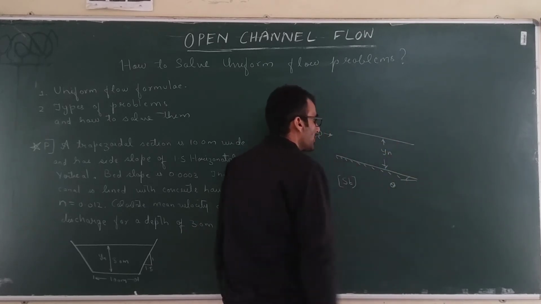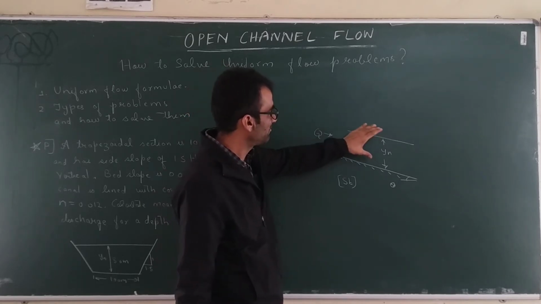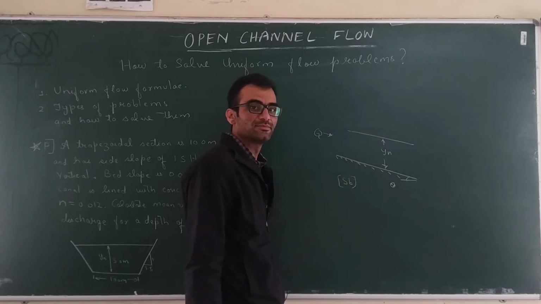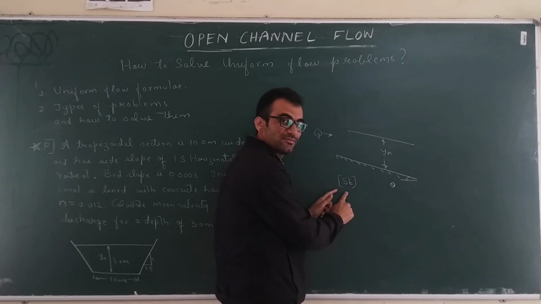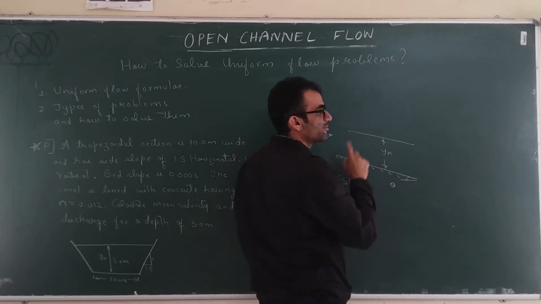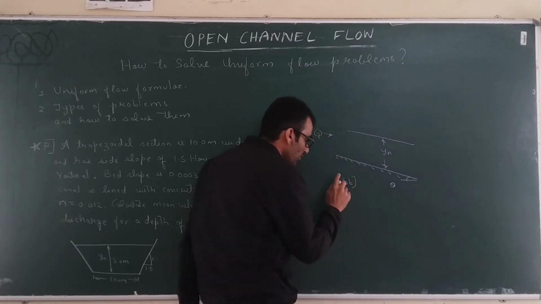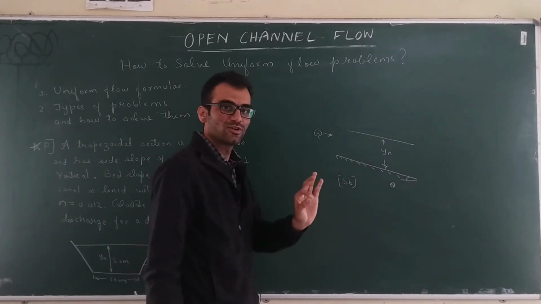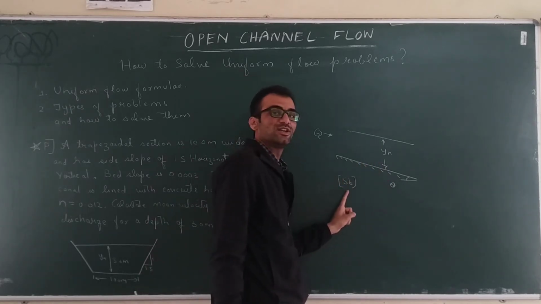When you put flow in this channel, a point will come when the flow becomes uniform and you get one uniform flow depth. So for every value of bed slope you will get one value of normal depth. Uniform flow is possible for any value of slope, and the depth will be the normal depth.